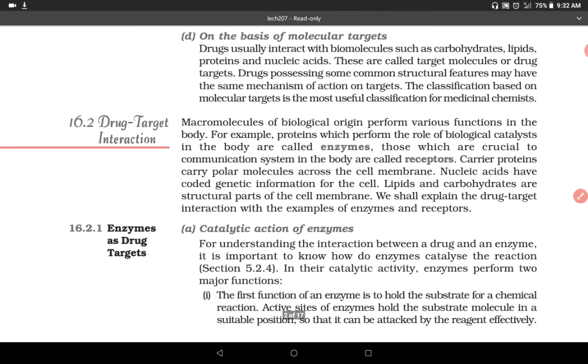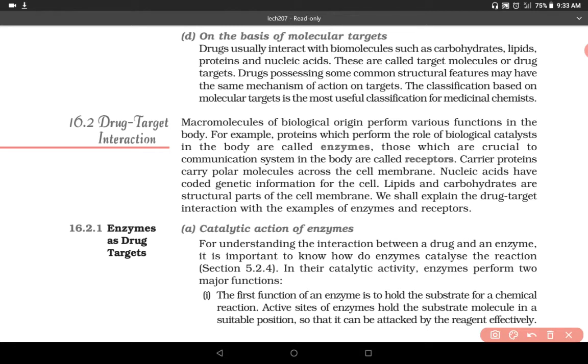On the basis of molecular targets, drugs usually interact with biomolecules such as carbohydrates, lipids, proteins, and nucleic acids. These are called target molecules or drug targets. Drugs possessing some common structural features may have the same mechanism of action on a target. The classification based on molecular target is the most useful classification for medicinal chemistry. You already learned about this in biology.